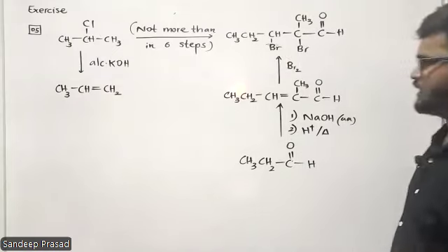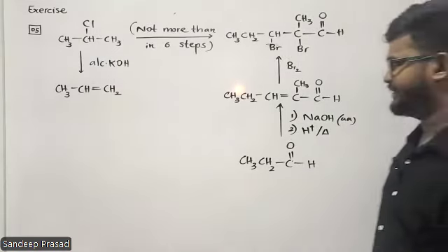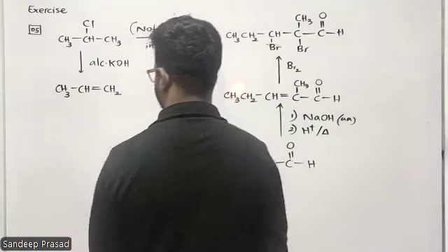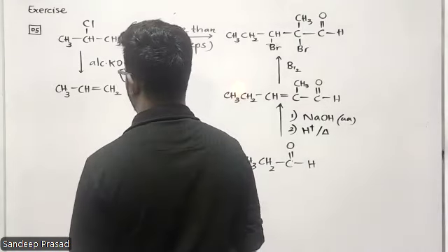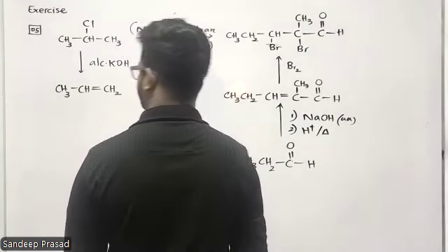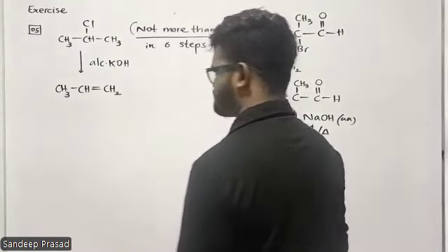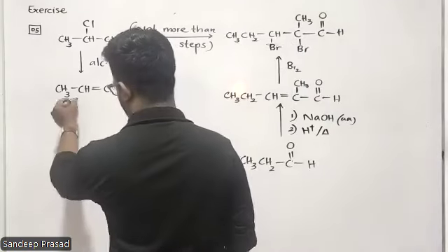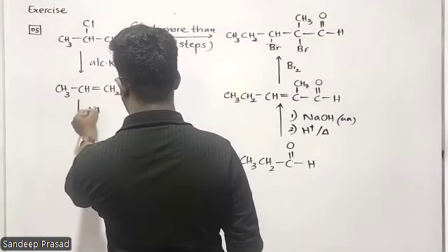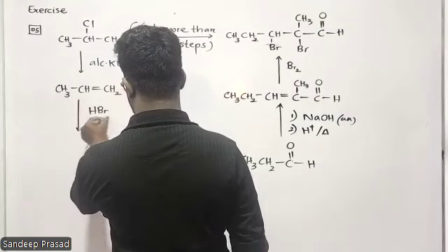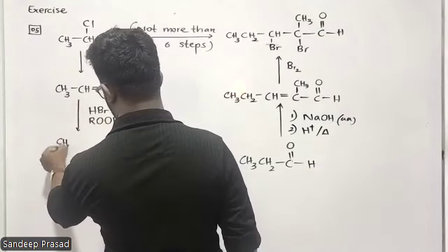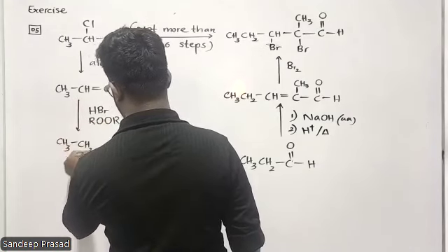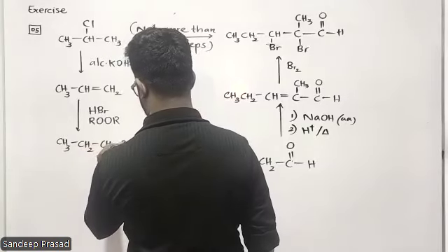Right. And then I can say HBr in the peroxide medium. That means anti-Markovnikov, CH3, CH2, CH2Br.